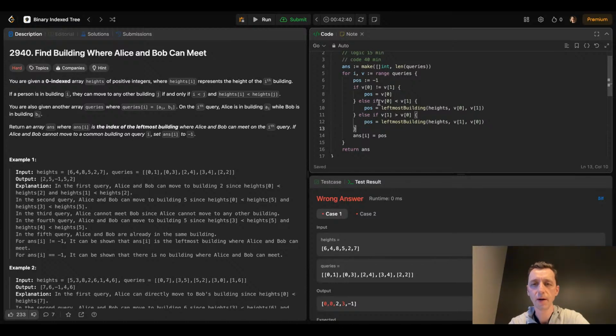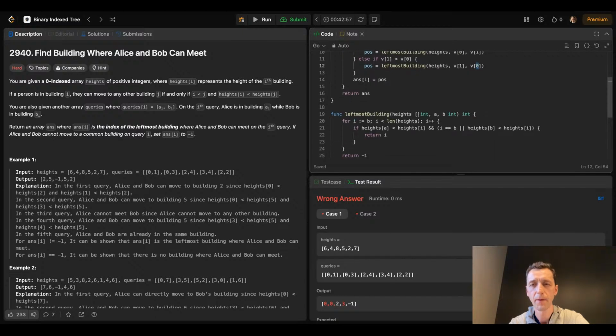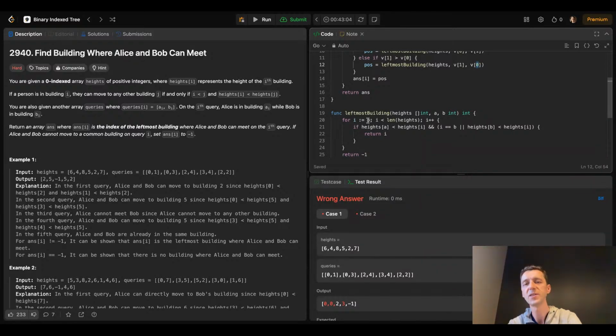Yeah, but if A is smaller, if B is bigger, we put it like that. If A is bigger, we put the bigger one there. And we get A, B, and we start with the B, with the bigger one.